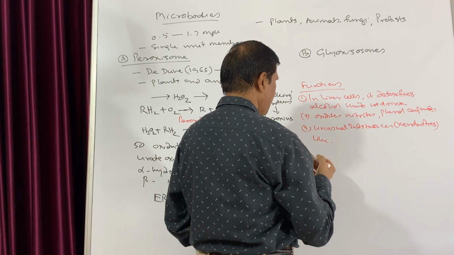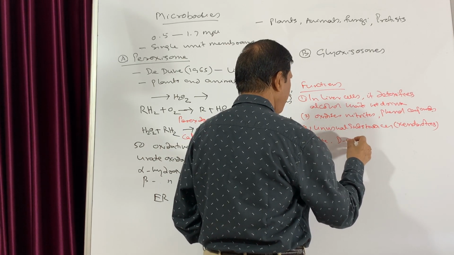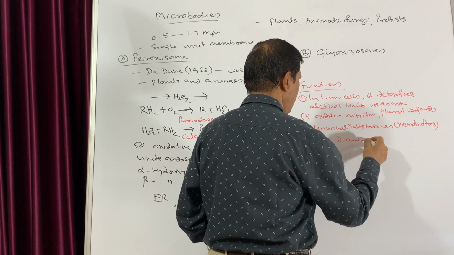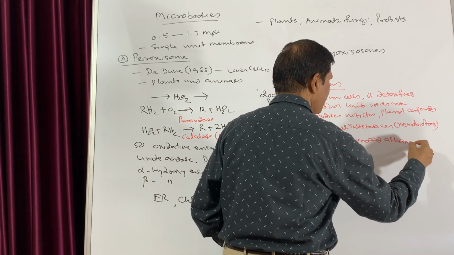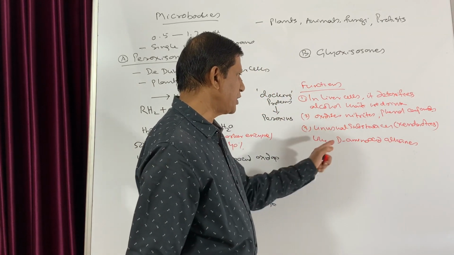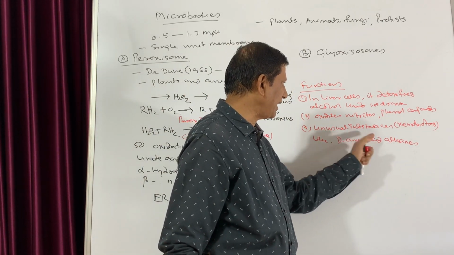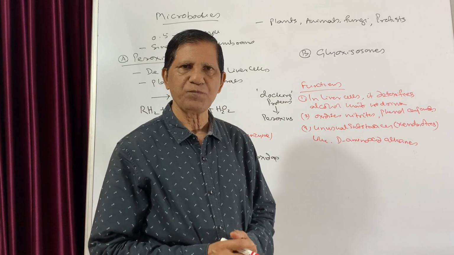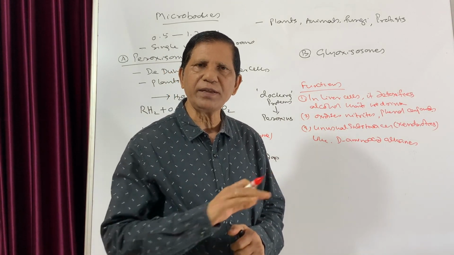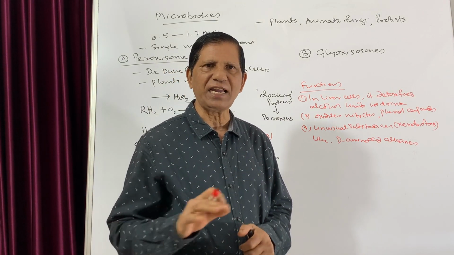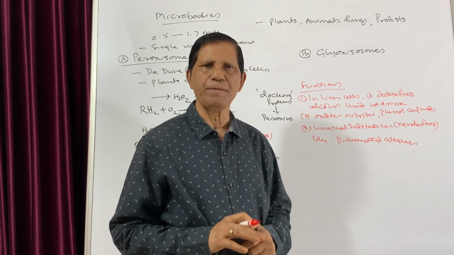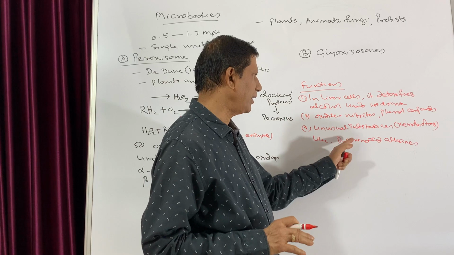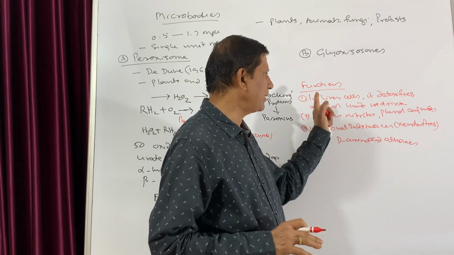One example we can take is the D-amino acid alkanes. These are unusual substances that cannot be utilized or broken down by any compound in the cell, but they can be destroyed only by the peroxisome.